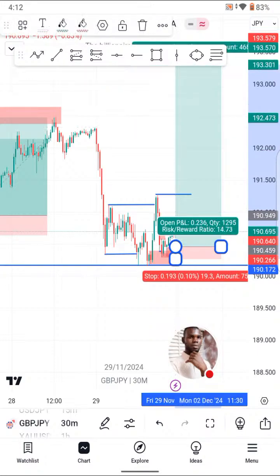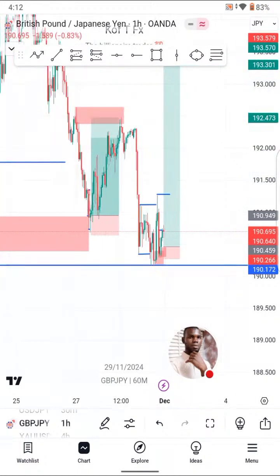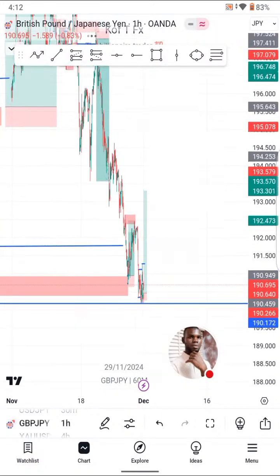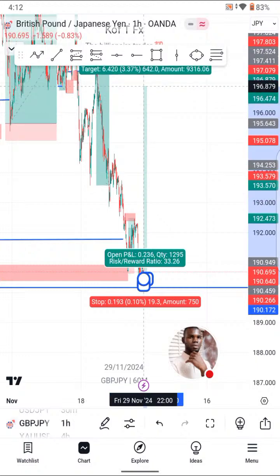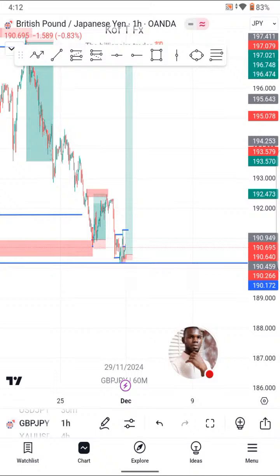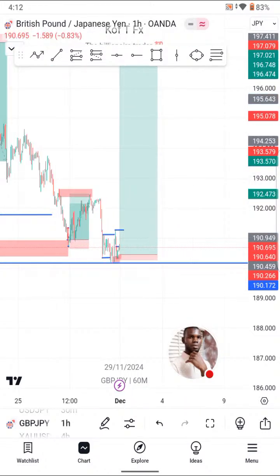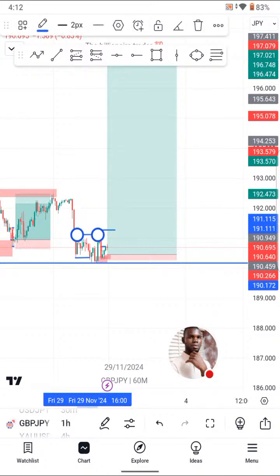So go for the target I have initially, and that will be like 30 RR. But the realistic RR is the 4 RR. That's the realistic one.